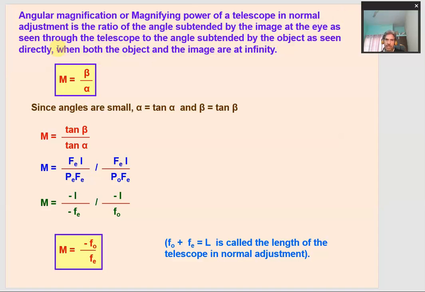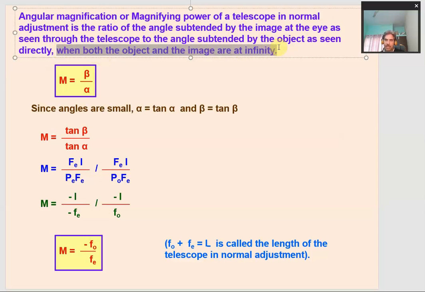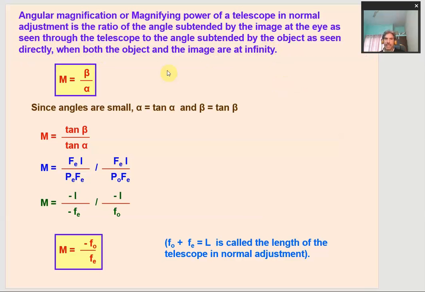This is nothing but the condition under which we are defining the angular magnification or magnifying power of that particular optical instrument, whether it is a telescope or a microscope.